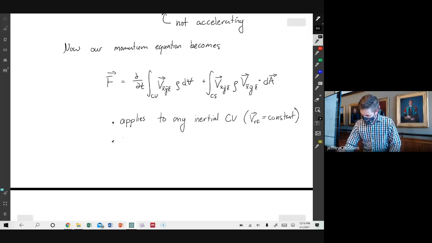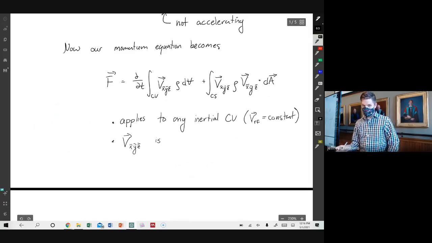And V, X bar, Y bar, Z bar is the velocity with respect to the reference frame.